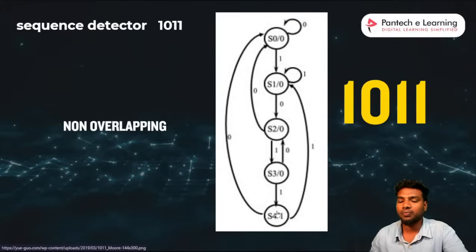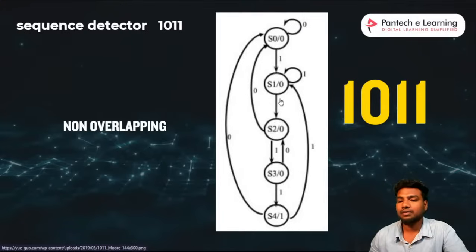If you got the output, you give 1 here. If you didn't get an output, you give 0 for each and every state. So in this state I don't get any output, so 0. In this state also I didn't get output, so I put 0, and the same in this state. But in the fourth state I get my output, so I give 1. This one refers to the output. If it is 1, it means I got the output here.